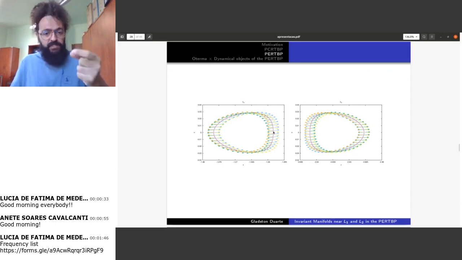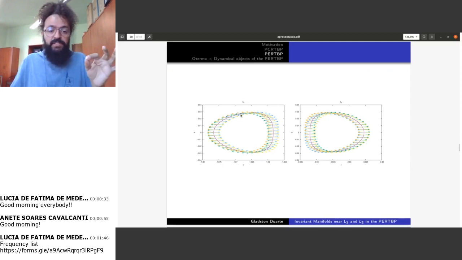So we compute these series at each angle to produce this curve here, which is the intersection between my torus and the time section.